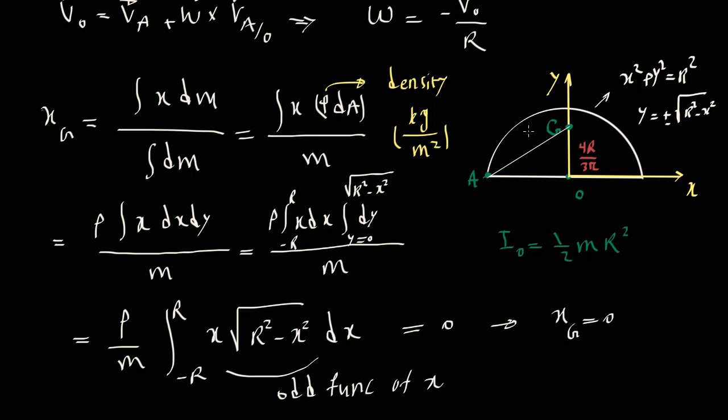So this is d, which again we can find out based on the radius of this circle and also this 4r over 3 pi. So basically this is r, and we can say that this is a right angle triangle, and we can write down d squared is equal to r squared plus 4r over 3 pi squared.